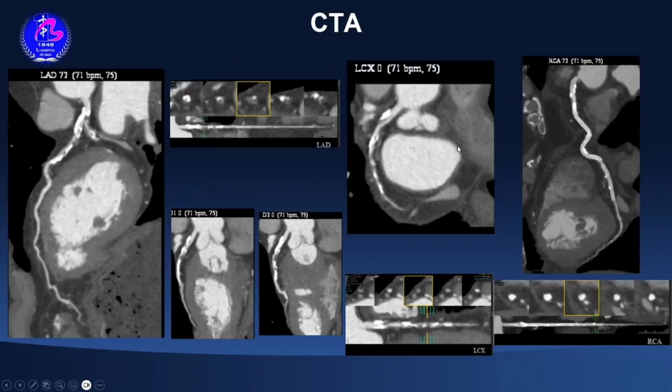Next. And then we performed a CTA scan on the patient, and the results showed that there was a serious stenosis with severe calcification in the left main to the proximal LAD. The stents in the RCA had good expansion.